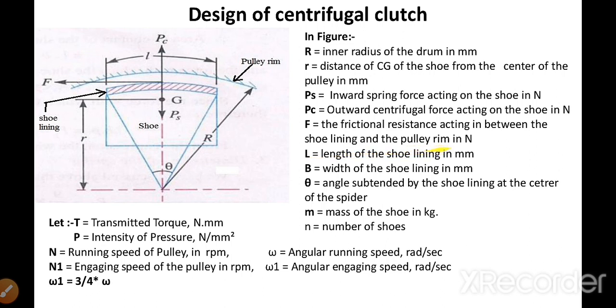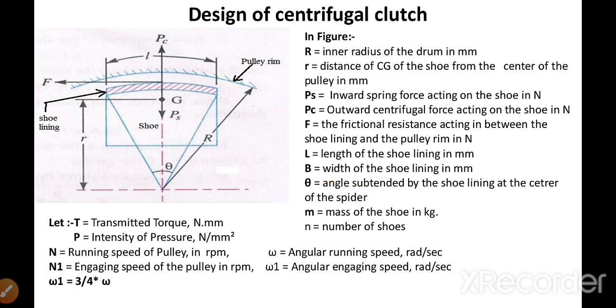Then L is the shoe length. B is not shown in this figure, because you can see B in the plane perpendicular to the paper of this figure. So here you can see this B.